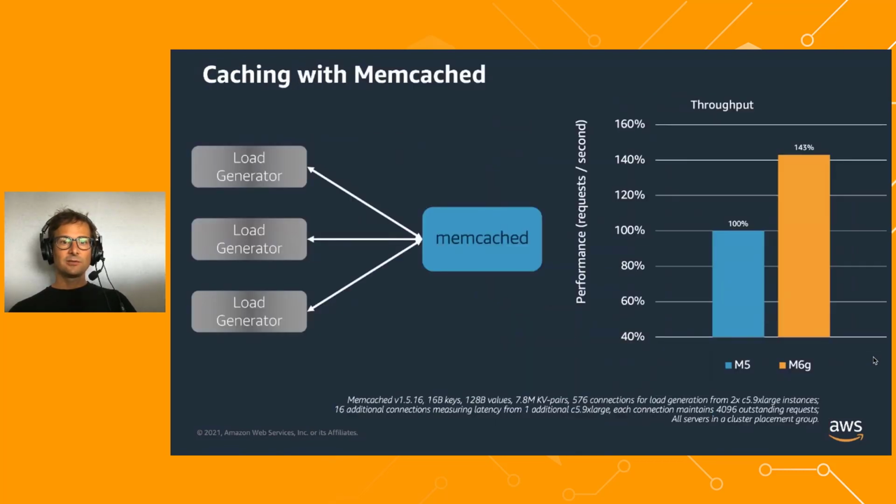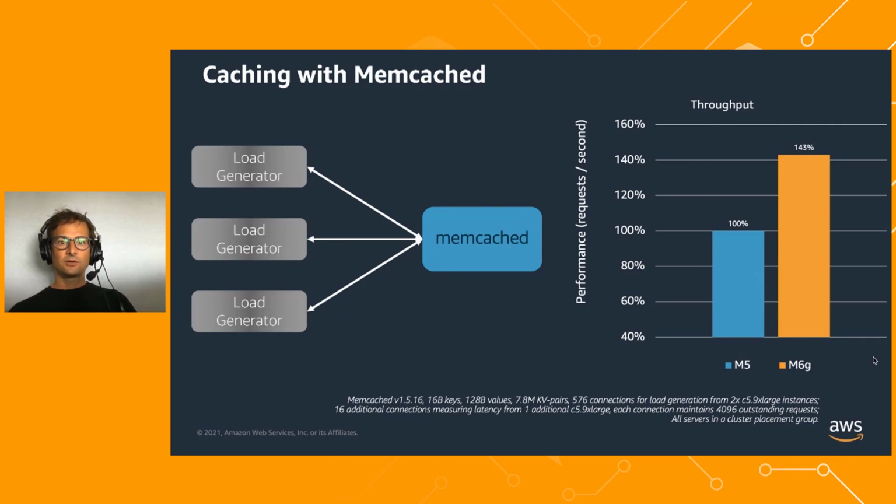Now let's talk a little bit about something that is closer to a real application and no longer just a benchmark. So a use case where you're doing caching with Memcached. The setup is the following. On the left, we use load generators.